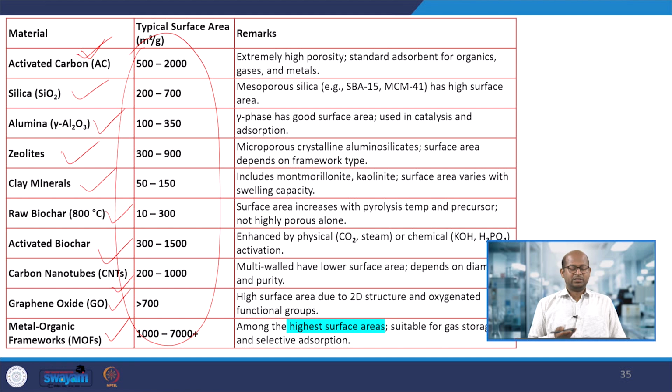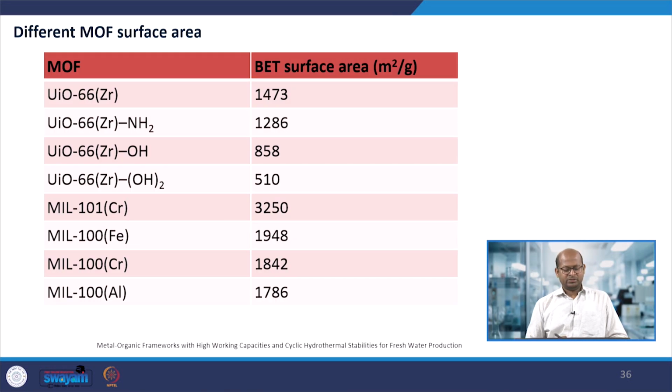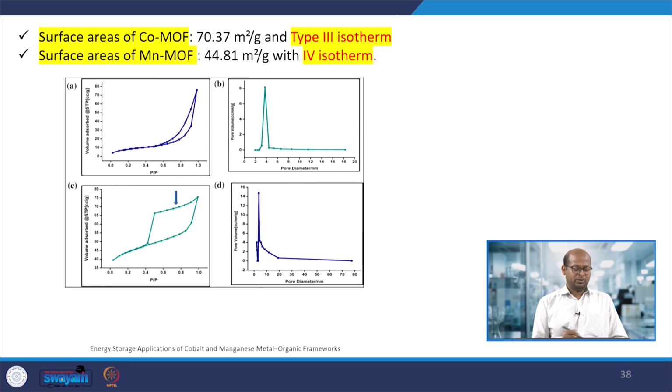Once we analyze the specific surface area, depending on the material the surface area is extremely low or extremely high. MOF materials have extremely high surface area, while metal oxides or ceramic-type oxides have very low surface area.